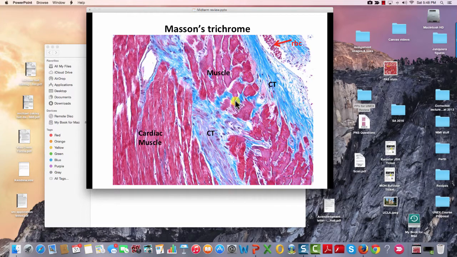The nuclei are brown, but this would not be a stain that one would use in order to show nuclei. Masson's trichrome is a stain which is used to stain connective tissue and muscle and be able to distinguish the two from one another. It stains connective tissue very blue, and all muscle red. I've here brought up a slide of cardiac muscle, but the same would be true of skeletal muscle and smooth muscle.